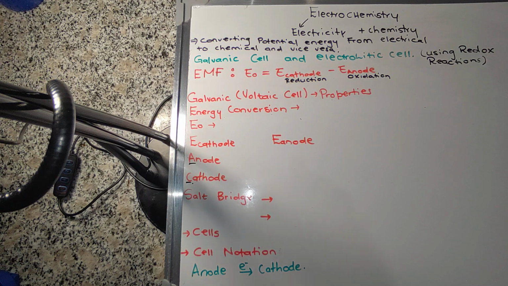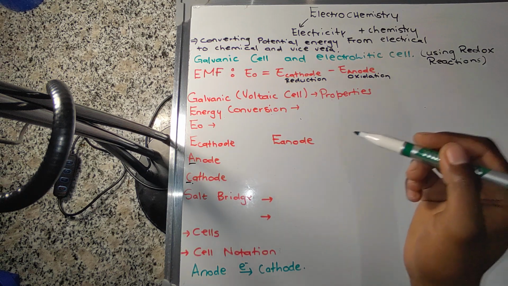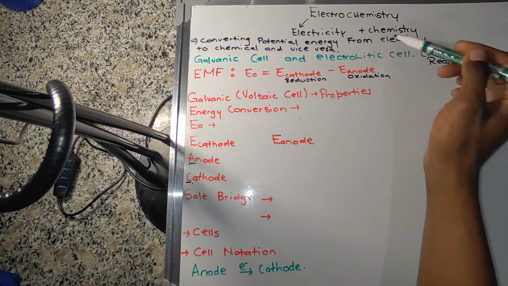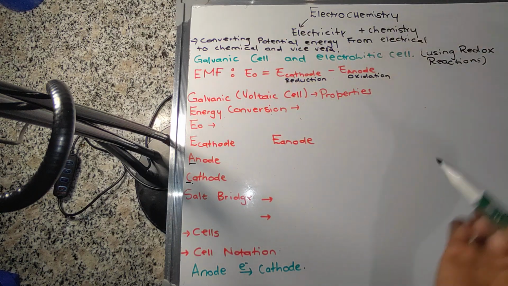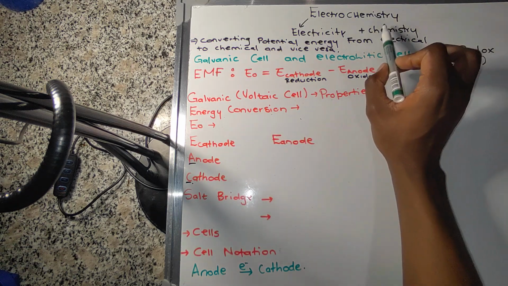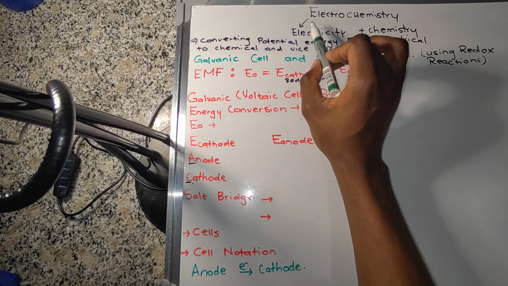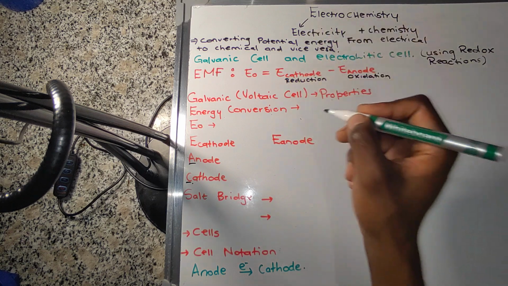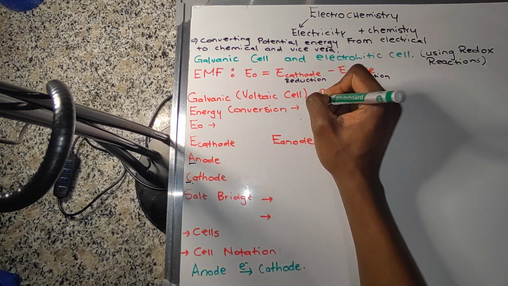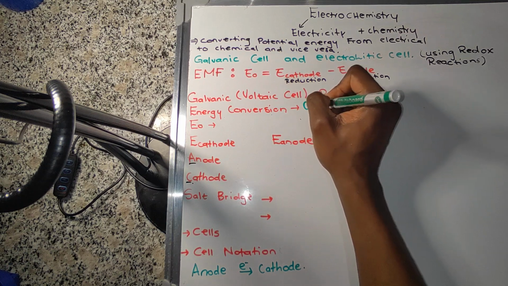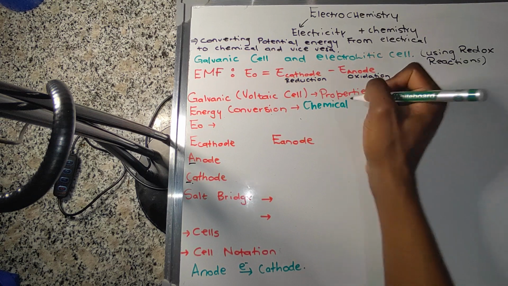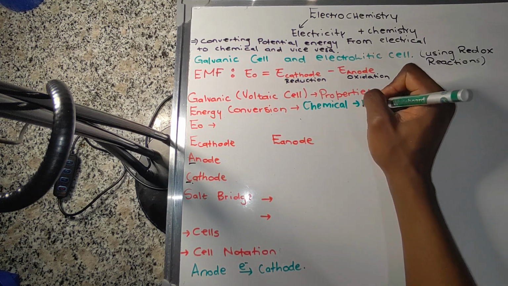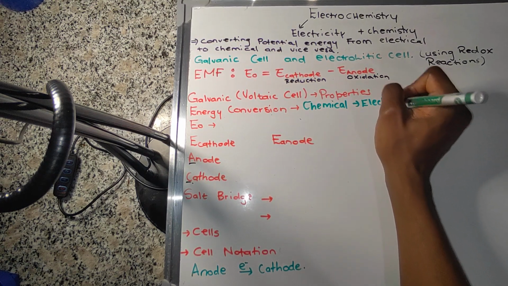Okay? So we have an energy conversion under a galvanic cell. Remember, we said we can move from electrical to chemical or from chemical to electrical. So what is happening under a galvanic cell? We are simply using chemistry to produce electricity. So under a galvanic cell, we have the energy conversion from chemical all the way to electrical.